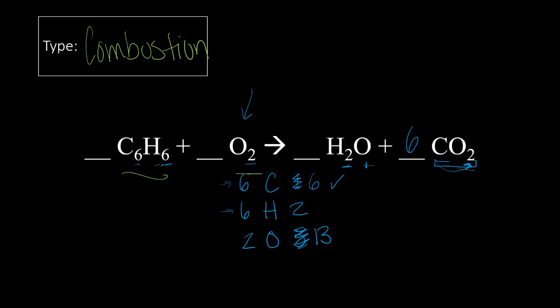So I have 6 hydrogens on the left, and the setup for hydrogen on the right is water. Each water molecule has 2 hydrogens, so in order to get 6 hydrogens on the right, I need 3 water molecules. When I have 3 water molecules, I have 2, 4, 6 hydrogens, and then I have an additional 1, 2, 3 oxygens.